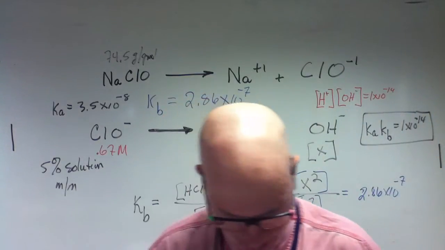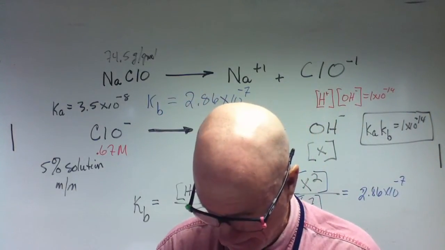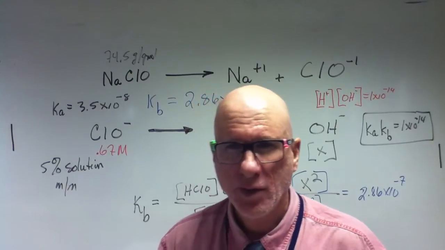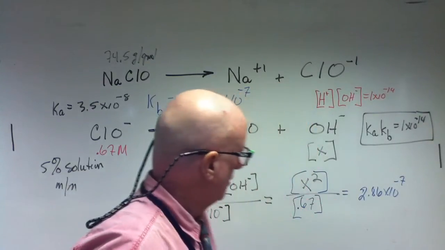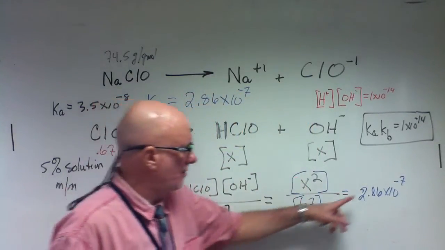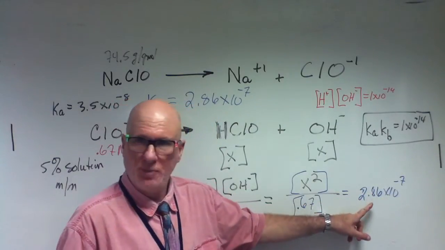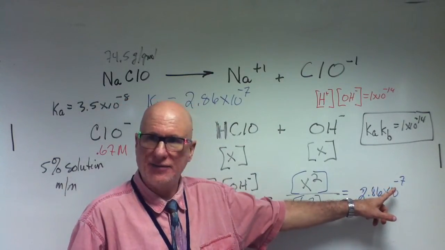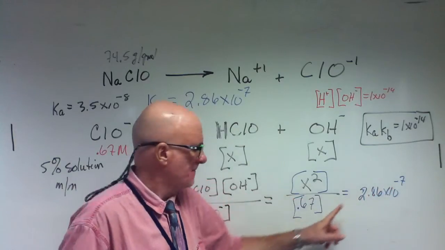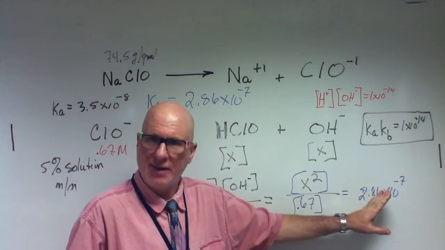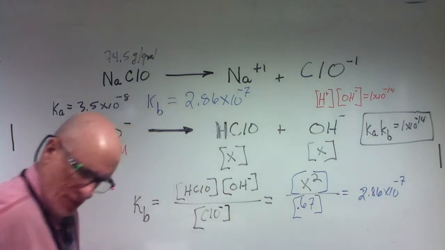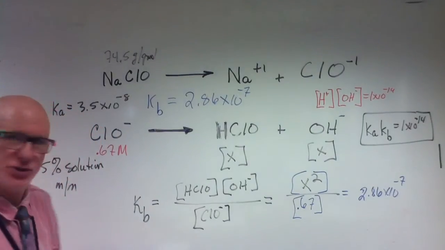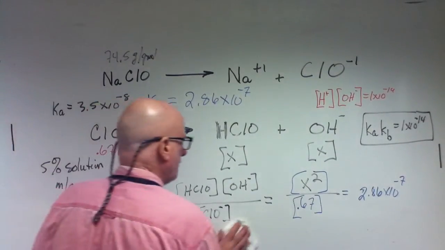So now what happens as a result of that? You're going to solve for x, so you multiply through: 2.86 times 10 to the negative 7th times 0.67. Do that much and tell me what you get. Let people do it before you call it out, okay?